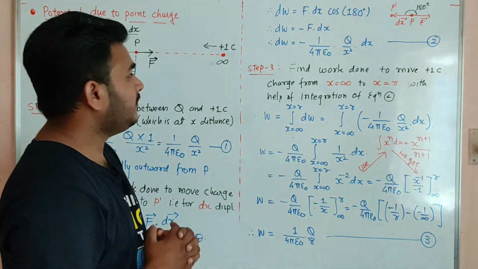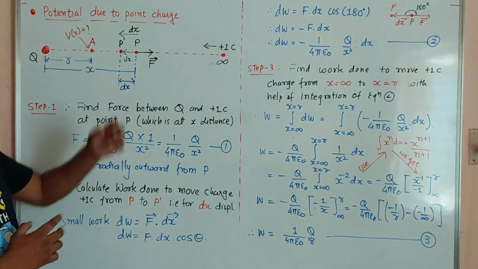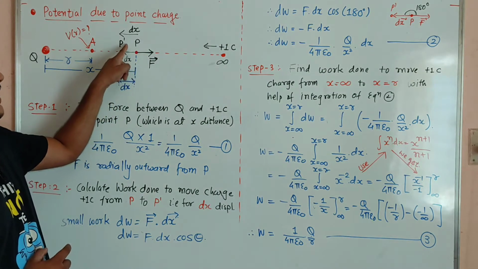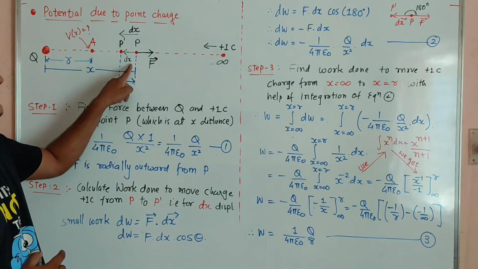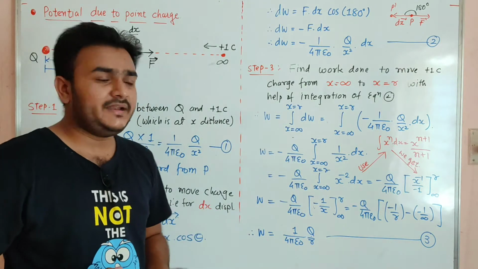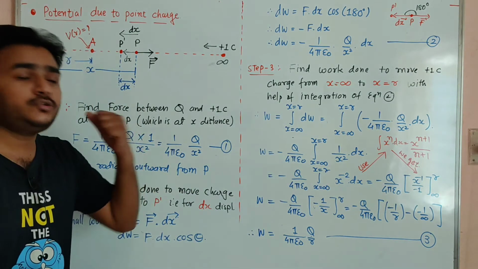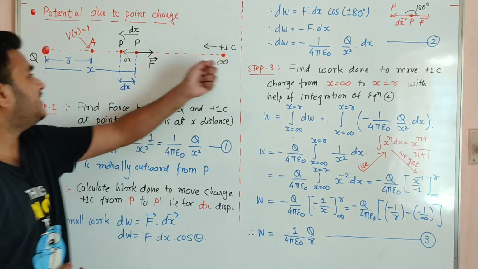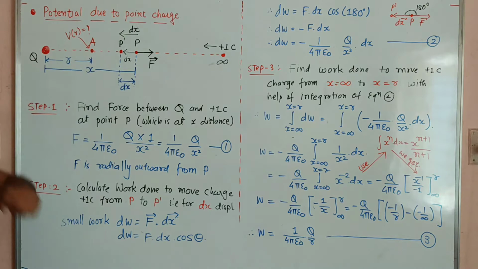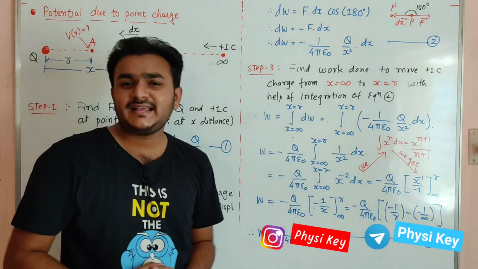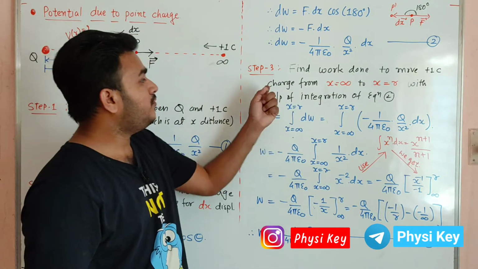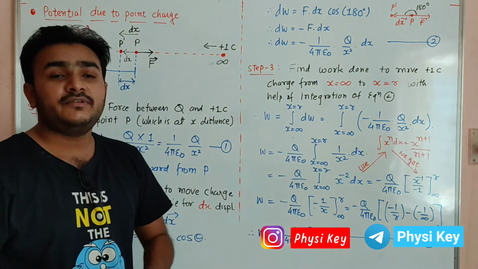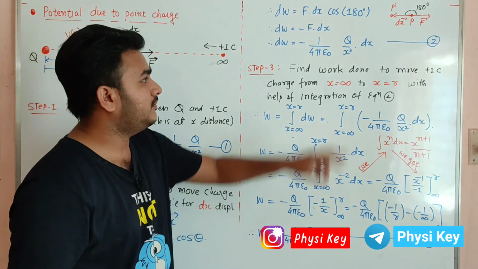Now in the next step, once we have the small work done to move from P to P prime for a small displacement dx, we can apply the concept of integration to find the total work done to move a unit charge from infinity to point A. So the next step is to find the work done to move the 1 coulomb charge from x equal to infinity to x equal to r with the help of the integration of equation number 2.